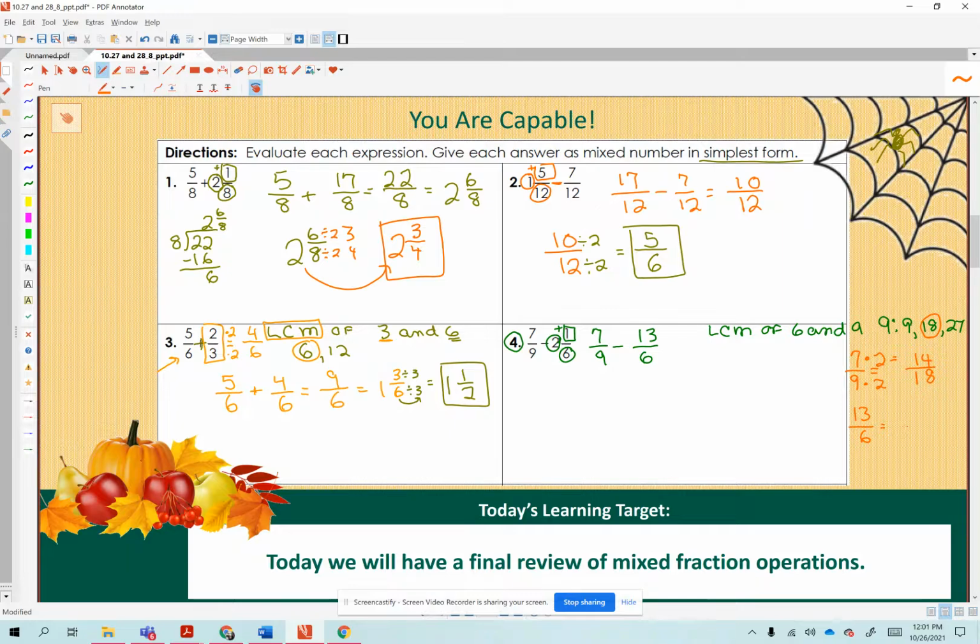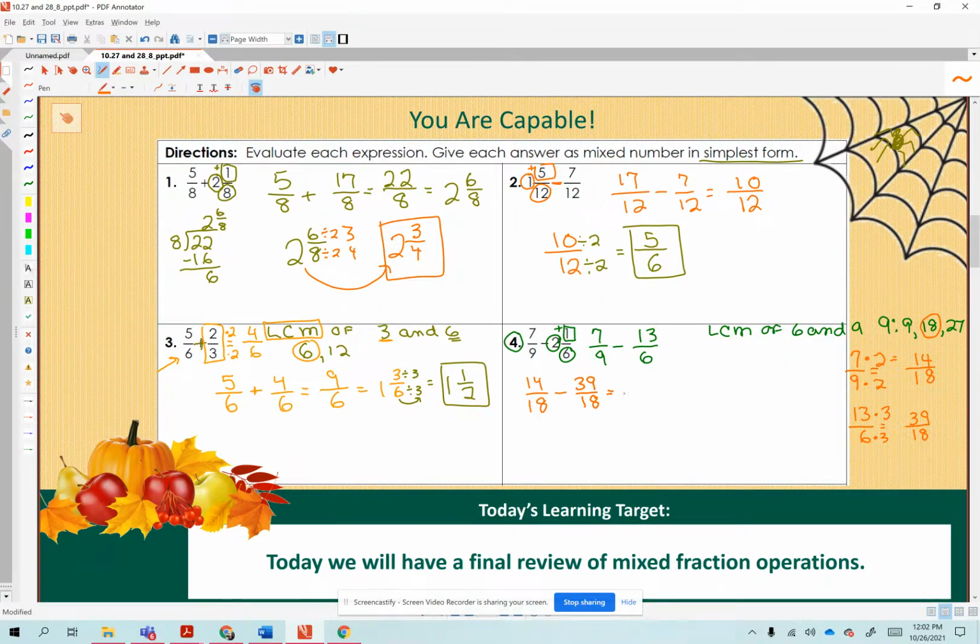And in terms of 13 over 6, I will multiply 6 times 3. I know that gives me 18. So 13 times 3 will be 39. Now I can go ahead and rewrite this problem as 14 over 18 minus 39 over 18.